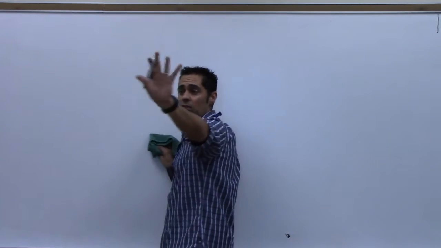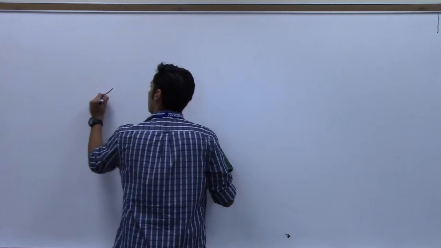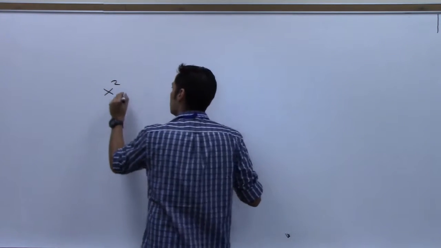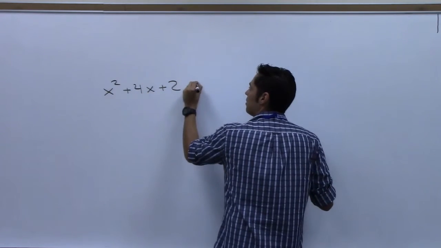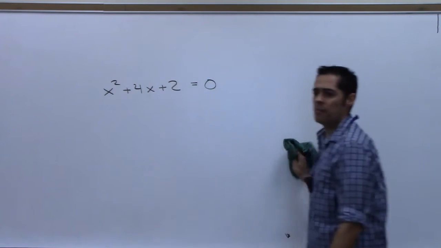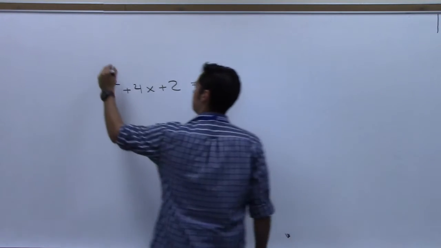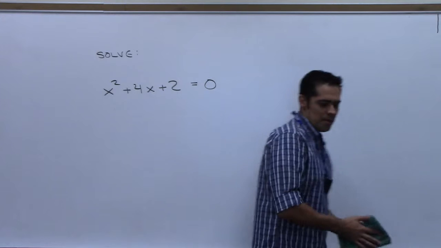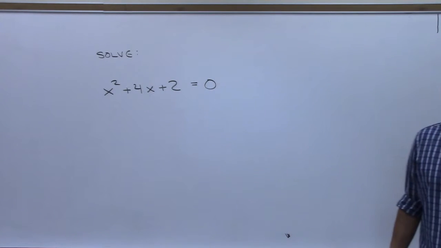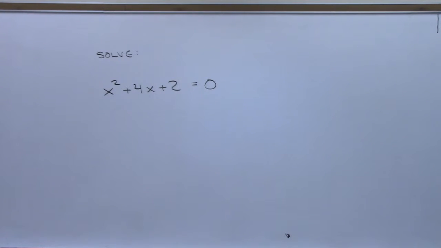I'm not even going to look at that problem up there. I'm just going to write a quadratic: x squared plus 4x plus 2. If I said, let's set that equal to 0 and solve this, how would you go about solving it? Something like that was on the take-home assessment.